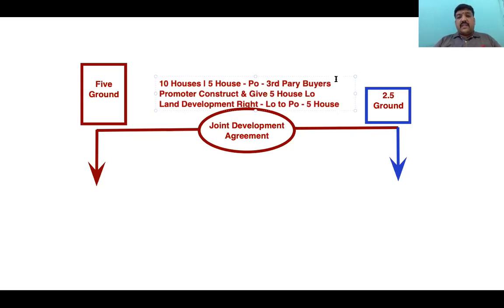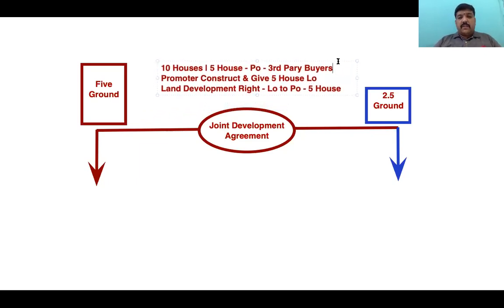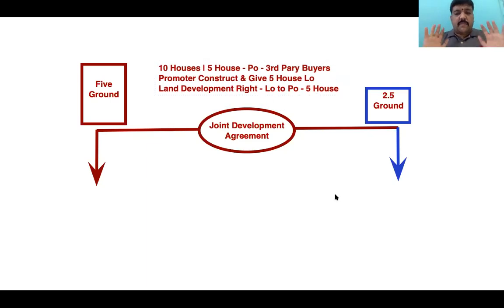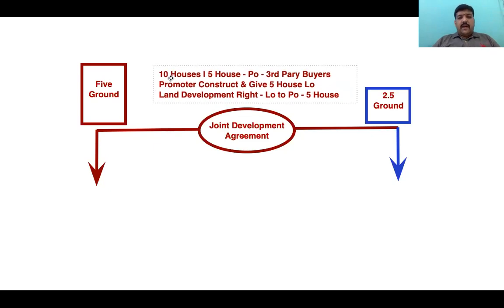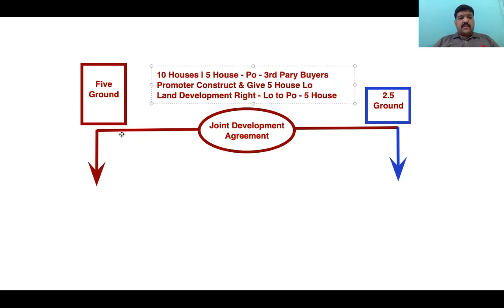Understand the broader scheme of this joint development. Once you understand the scheme of joint development, only then can we move forward. The scheme is like this, where a landowner has 5 grounds of land.